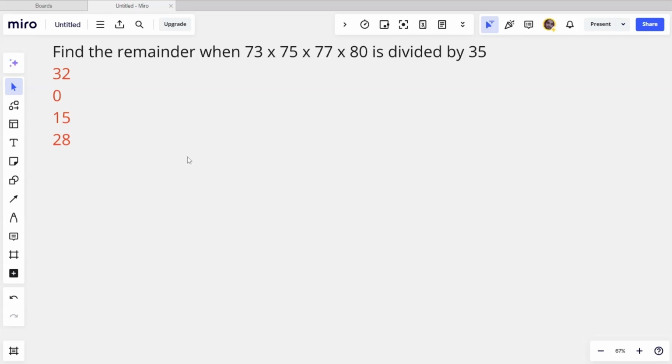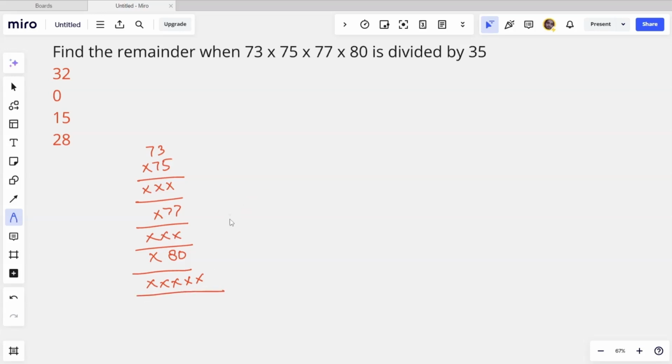Let me tell you, if we solve this question by using conventional math, what will be the approach? 73 into 75 will give some result. Now we will again multiply this by 77, it will give some result. Now we will multiply with 80, it will give us the final product.